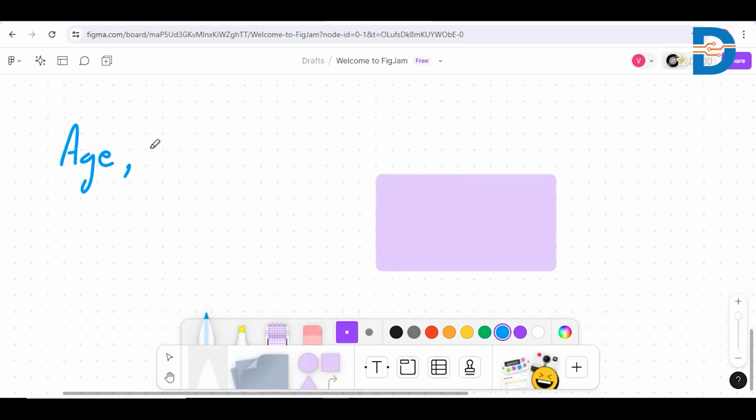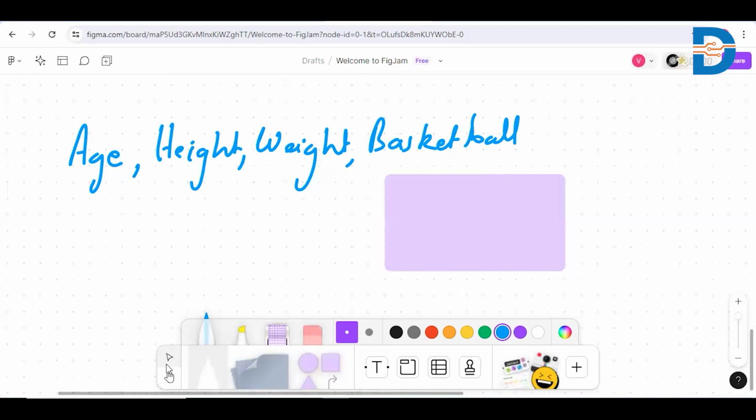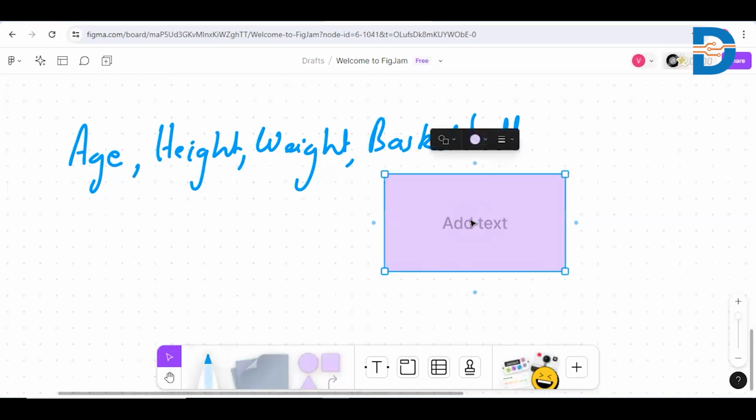I know what their age is, what their height is, their weight is. And finally, I also know a very interesting thing about the students: if they like to play basketball. I know it sounds a bit weird at this moment, but play along with me. It will all make sense in a while.